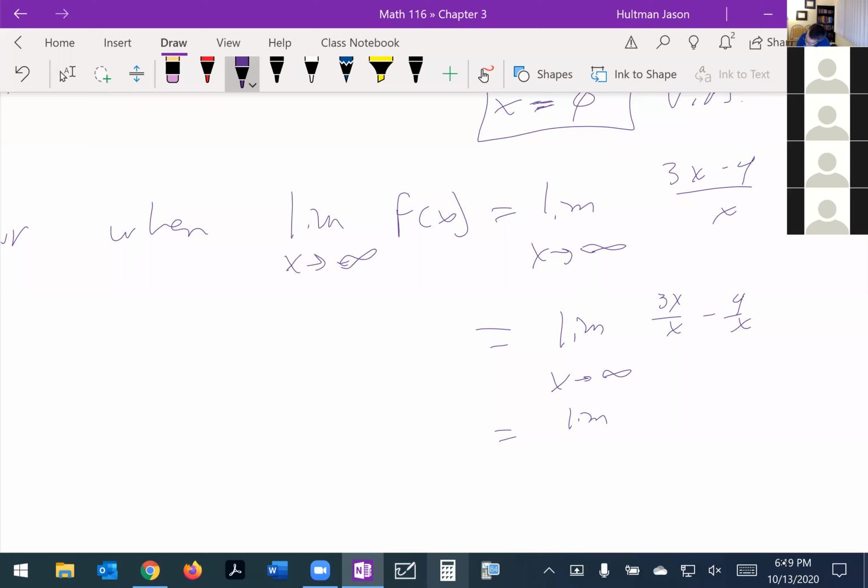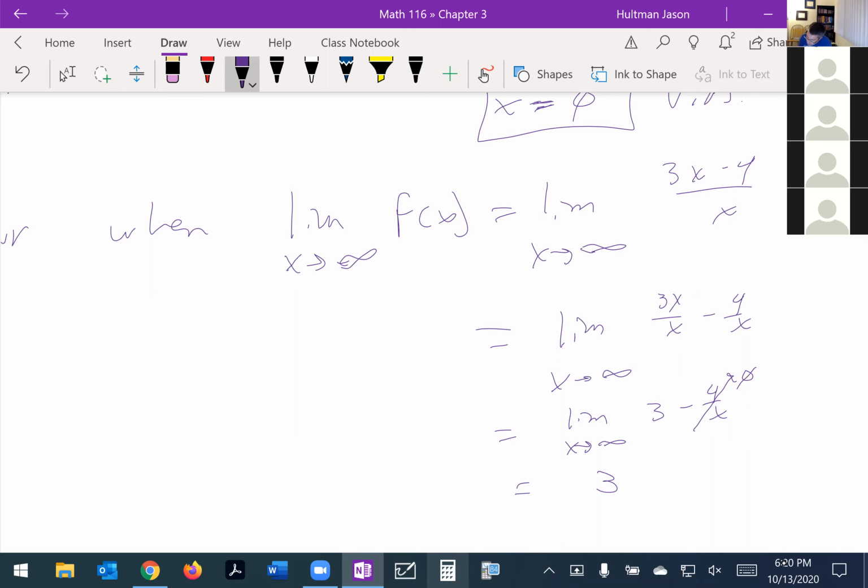So this is the limit as x goes to infinity of 3 minus 4 over x. And what's anything divided by infinity? It's 0. That goes to 0. So the limit here is equal to 3. When x goes to positive infinity, this thing approaches 3. Cool.